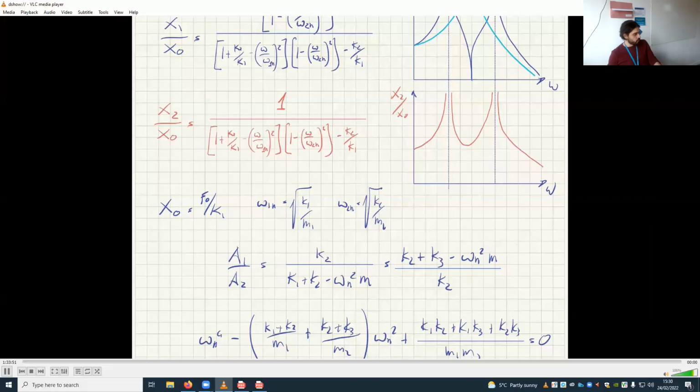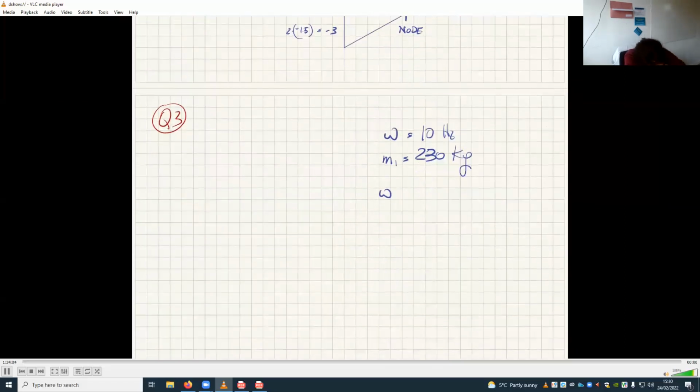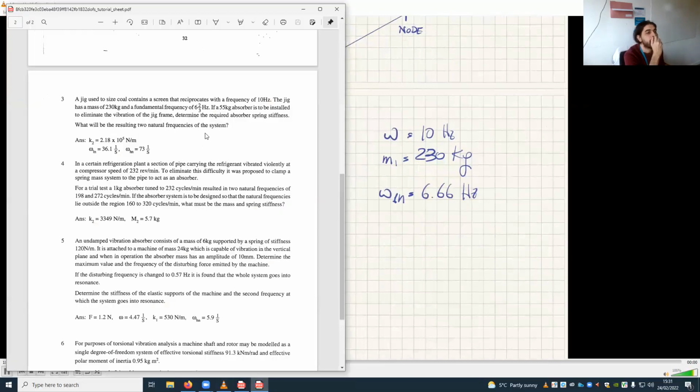Omega 2n is the omega of the absorber as if it was the only mass in the system. So omega 1n is equal to 6.66 Hertz, so 6 and 2/3. M2, the mass of the absorber, is 55 kilograms.